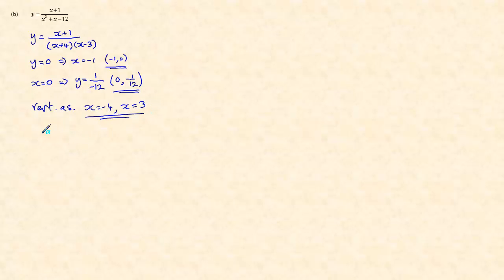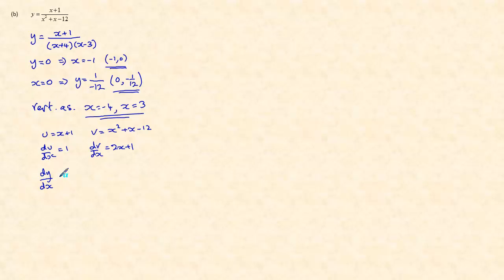We could differentiate to look for turning points, so say u is x plus 1 and v is x squared plus x minus 12. du dx is equal to 1. dv dx is equal to 2x plus 1.